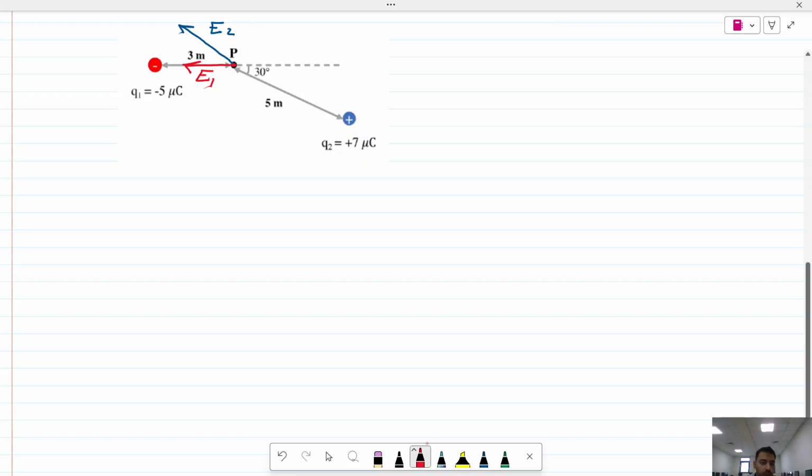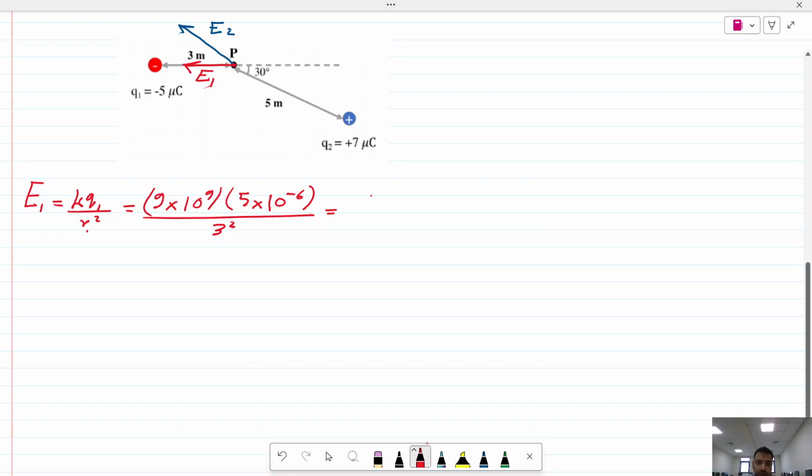Then we need to find the magnitude of E1, and it's given as K times Q1 over R1 squared, which is equal to 9 times 10 to the power 9 multiplied by Q1, which is 5 times 10 to the power minus 6, because it says microcoulombs, so keep this in mind, divided by the distance between them, which is 3 meters, the SI unit of distance, so divided by 3 squared.